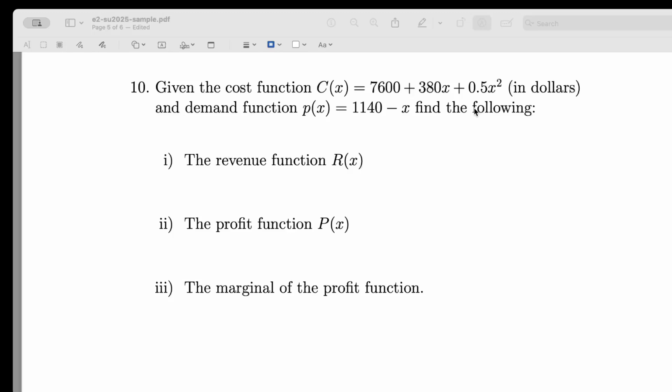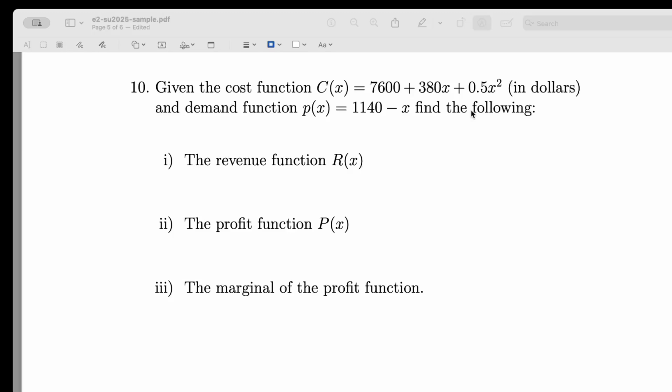If, on the other hand, x is 1,140, this formula would give you 0, which is an interesting point. If the price was 0, how many would you sell? Just 1,140.